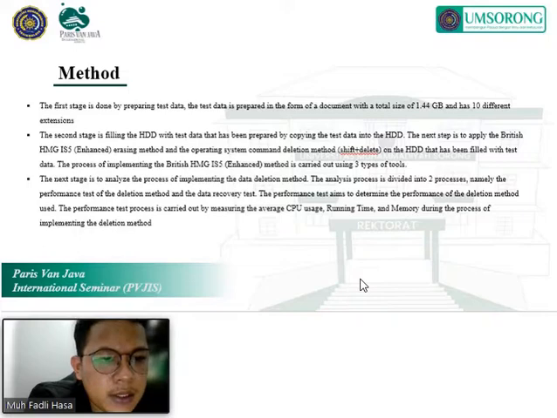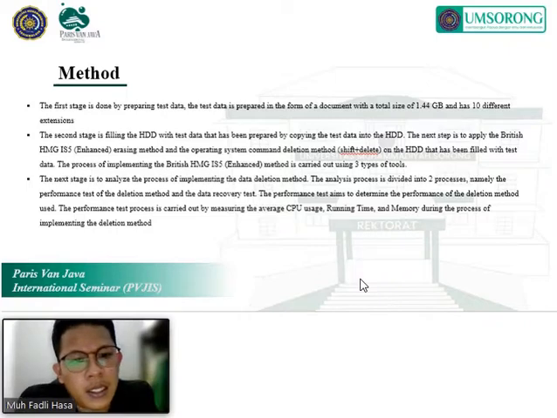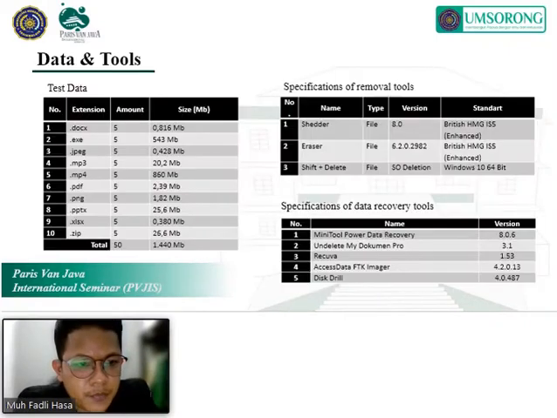The performance test aims to determine the performance of the deletion method, and it is carried out by measuring the average CPU usage, running time, and memory during the process of implementing the deletion method. And this is the test data and the tools for this research.